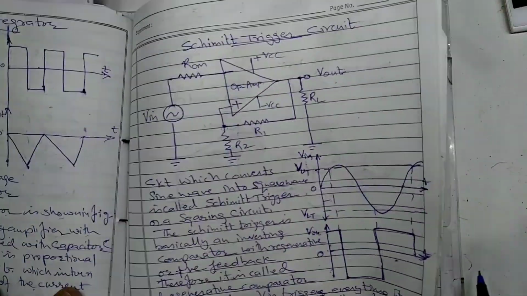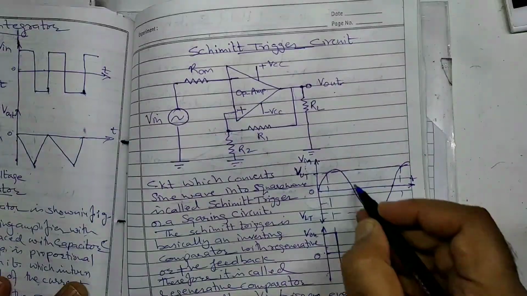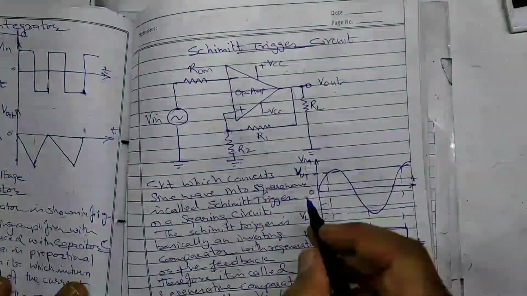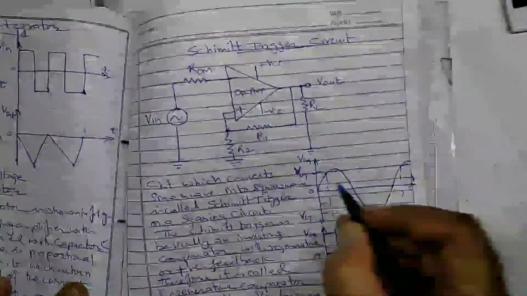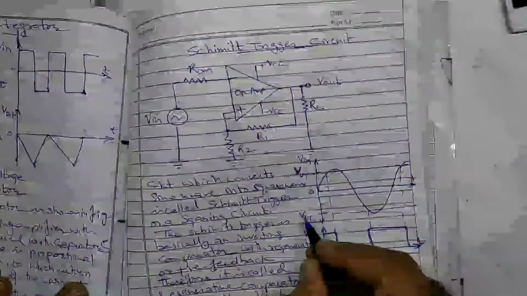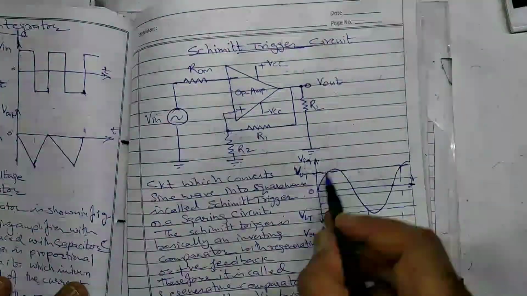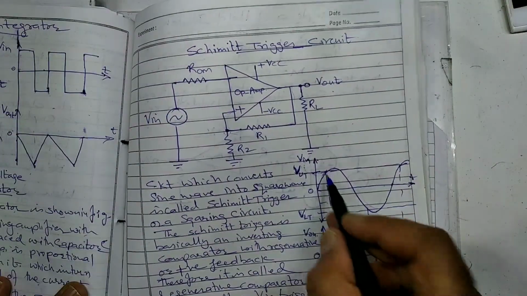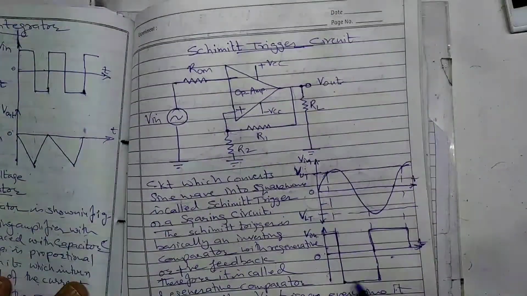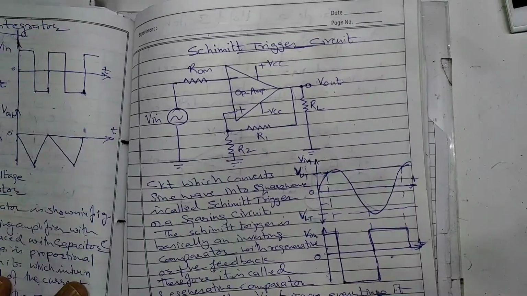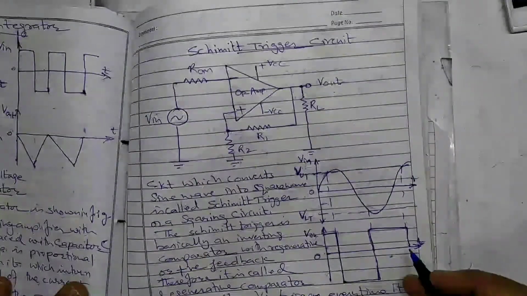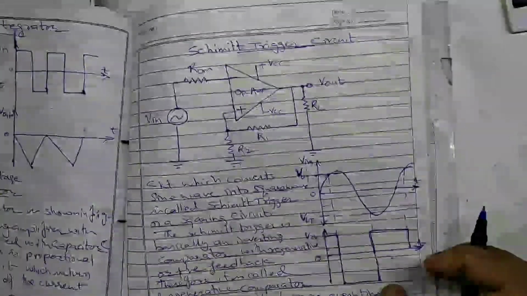We can see in the figure that if this is the input voltage, this is the upper threshold voltage level VUT, and this is the lower threshold voltage level VLT. Every time it crosses this voltage, the output is triggered and we get a square wave output. So this is called the Schmitt trigger circuit.